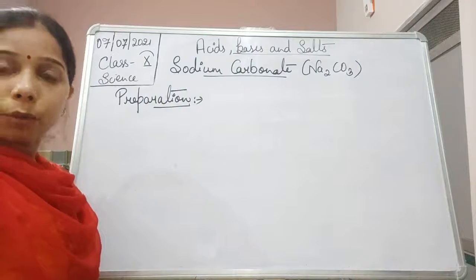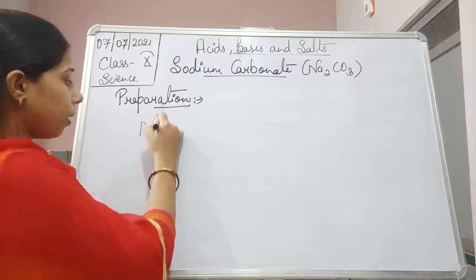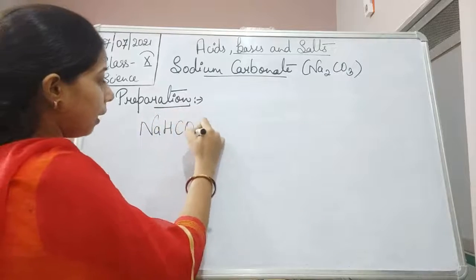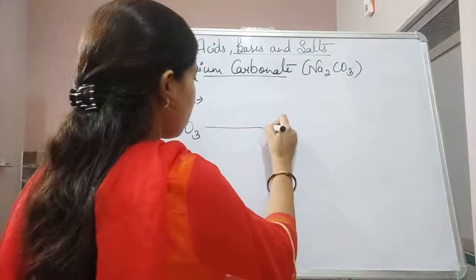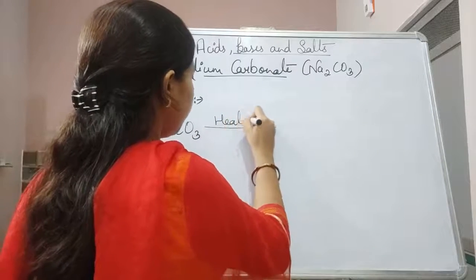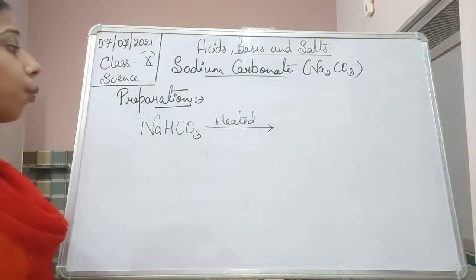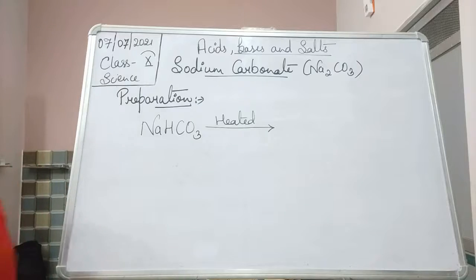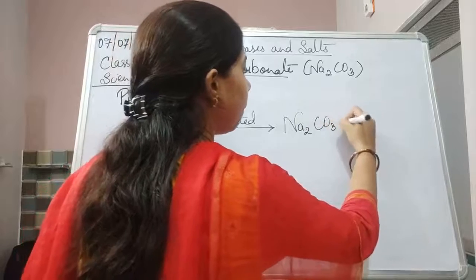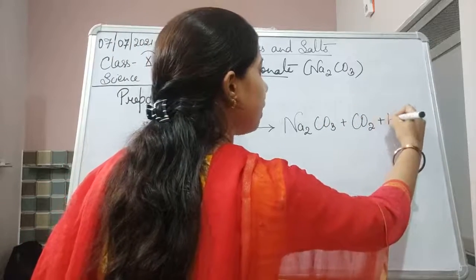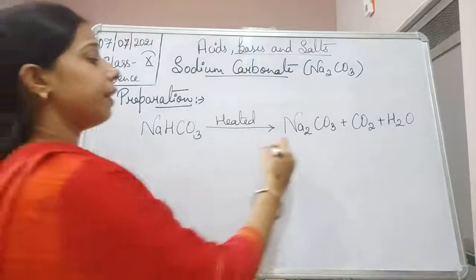Sodium carbonate is prepared with the help of sodium hydrogen carbonate, NaHCO3. When NaHCO3 is heated, it forms sodium carbonate, that is Na2CO3, plus carbon dioxide is released and water is also released along with it. This we have already seen.